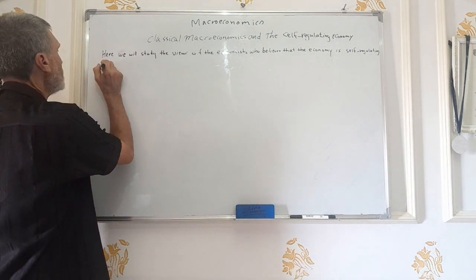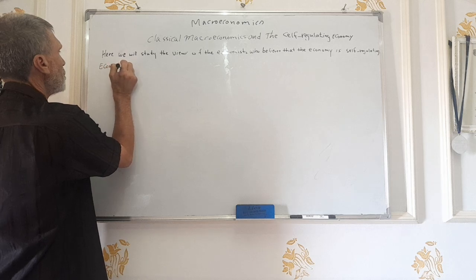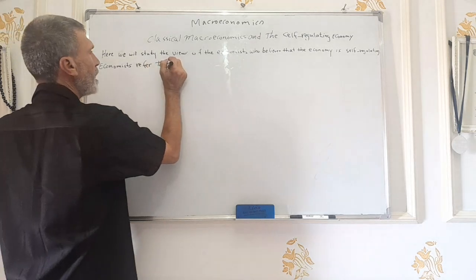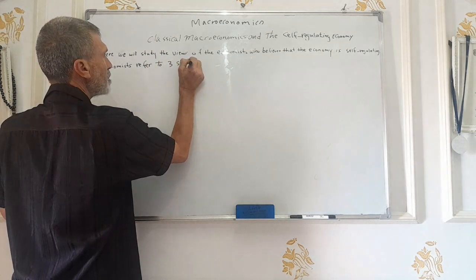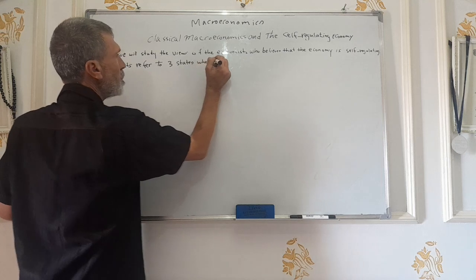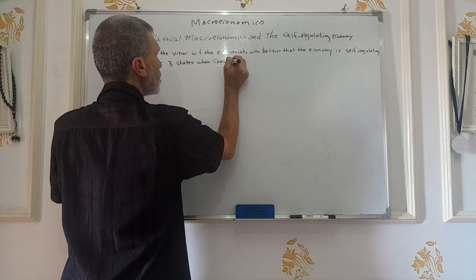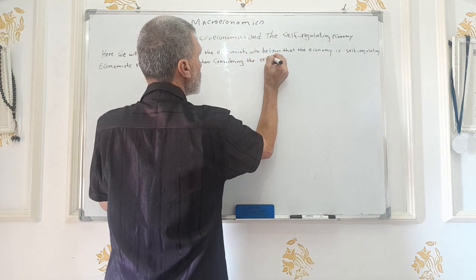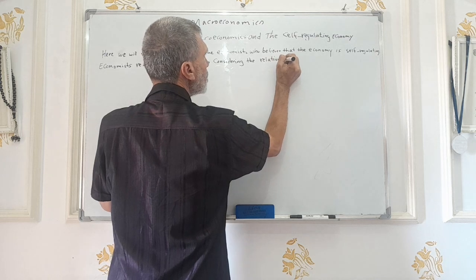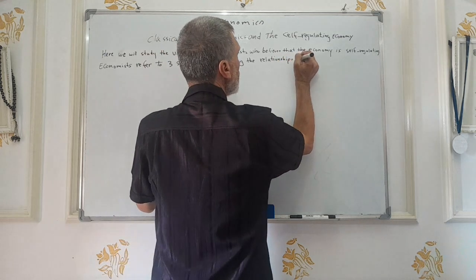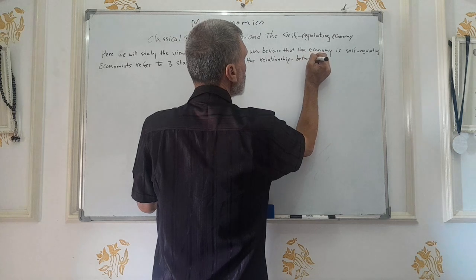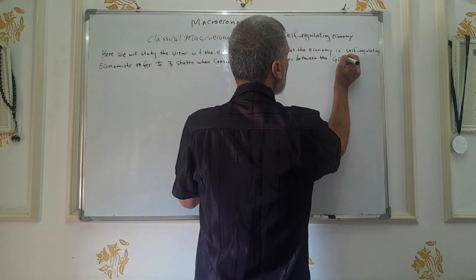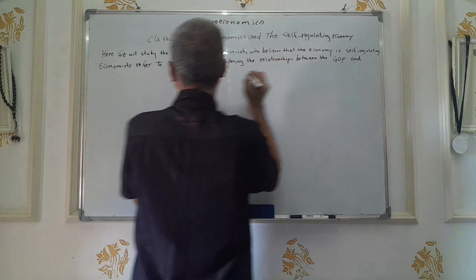So here we're going to say economists refer to three states when considering the relationship between the GDP and the national GDP.